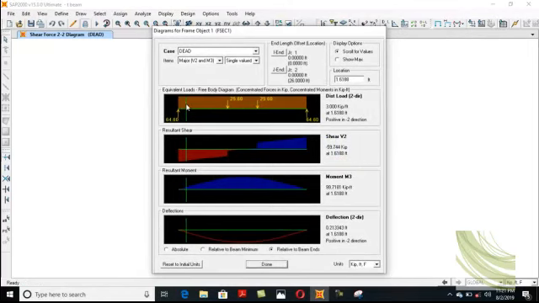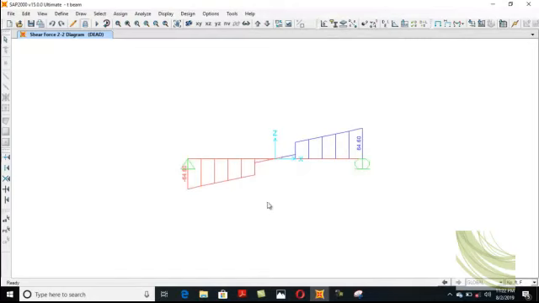At a distance 2 feet, this is 58.5, okay. Or if you are taking exactly 2 feet, so that will be 58.6, okay. So this is how we can get that 58 value, okay.